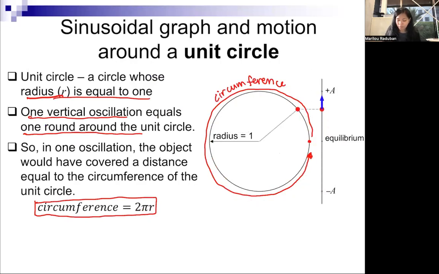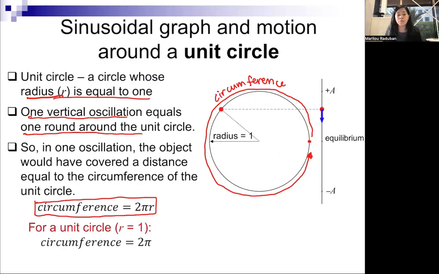But for a unit circle where the radius is equal to 1, the circumference is equal to 2 pi. So that means that in one oscillation, in one up and down motion, and therefore in one round around the circle, the distance that's covered by the object is equal to the circumference, which is equal to 2 pi.